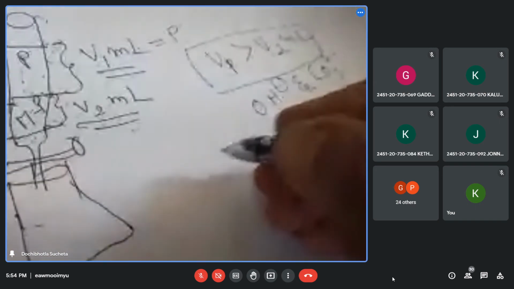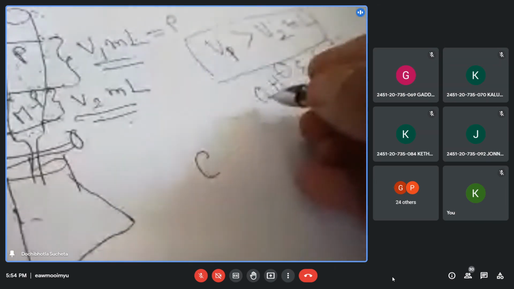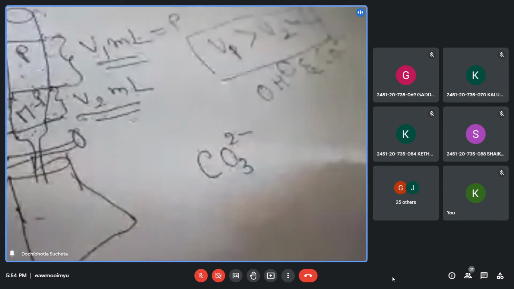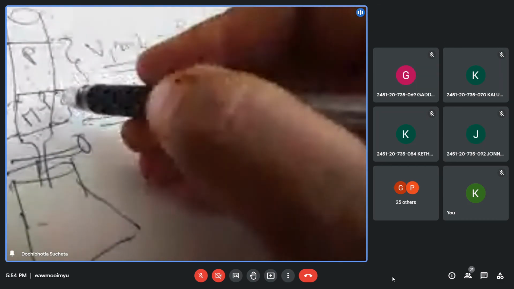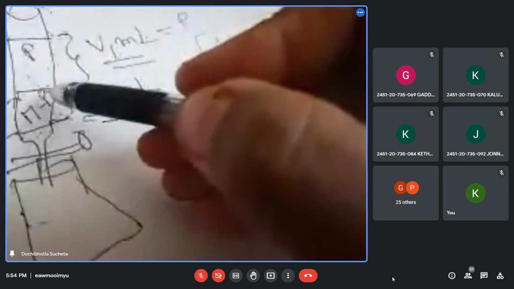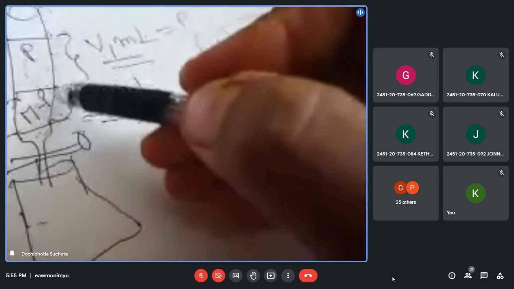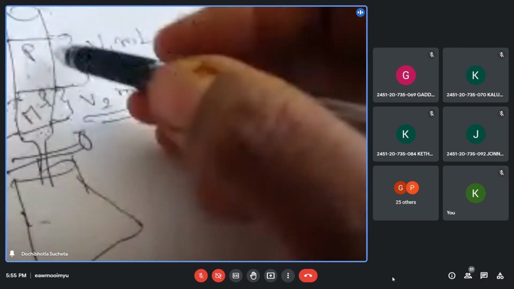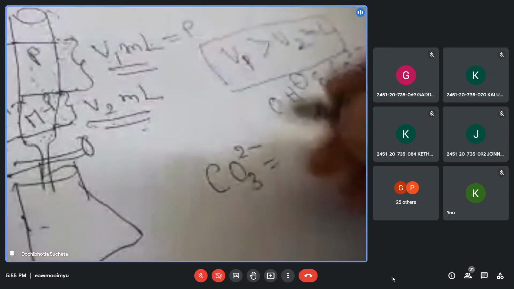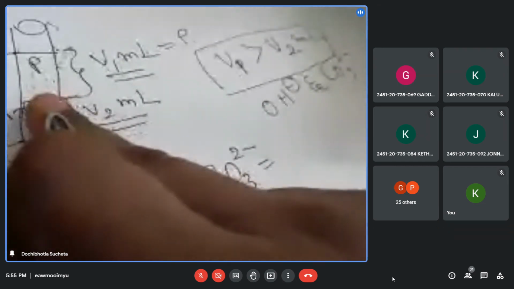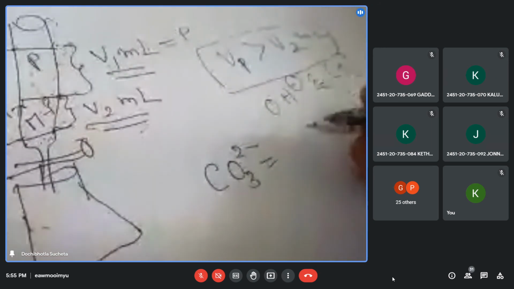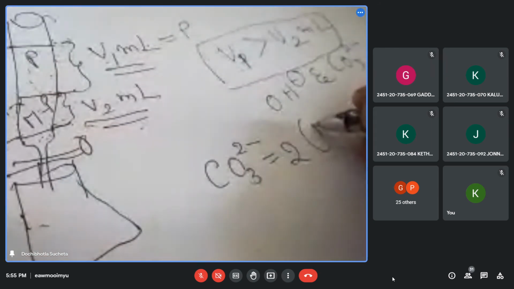While finding the individual concentrations, I could find OH minus first, but I'm starting with carbonate because that is easy. Why? In the second step, which got neutralized? Only the bicarbonate that formed from the carbonate in the first step got neutralized. So if M minus P is the volume that got consumed here, for the complete neutralization of carbonate, can it be 2 into M minus P?